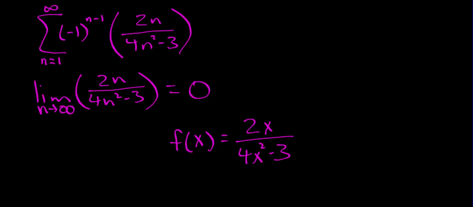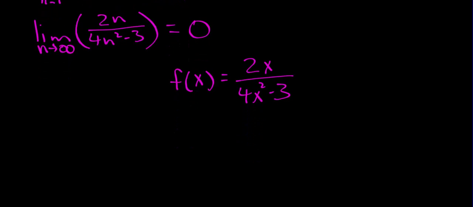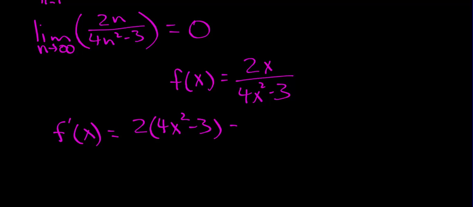Right? We've got f of x equals 2x over 4x squared minus 3. Just look at this continuous function and see if that function is decreasing or increasing, or what's going on with it. So let's take the derivative. Derivative of the top is 2 times the bottom, minus the derivative of the bottom, which is 8x times the top, all over the bottom squared.